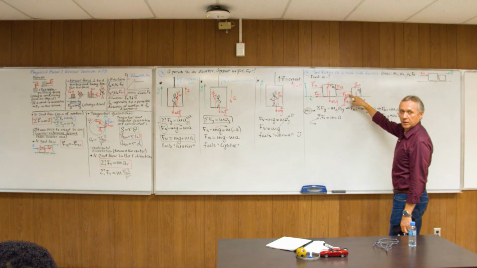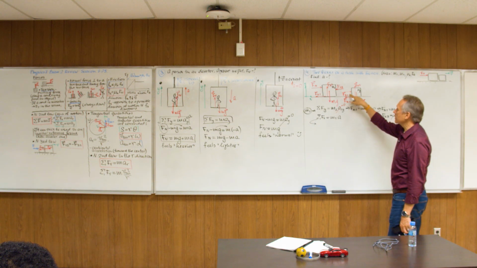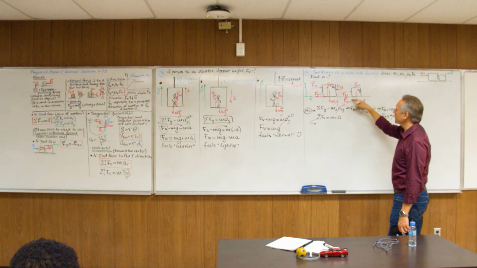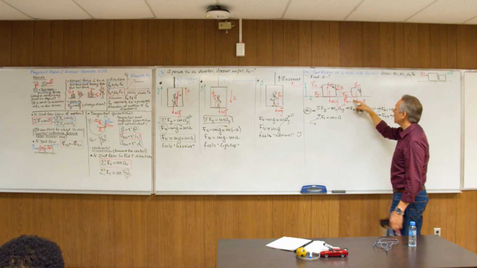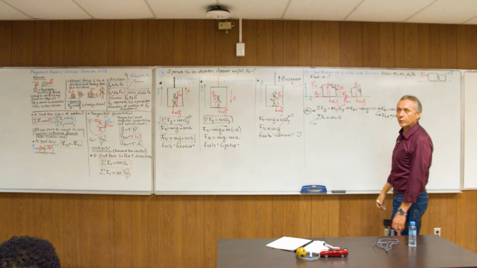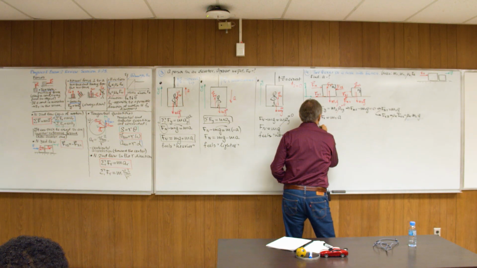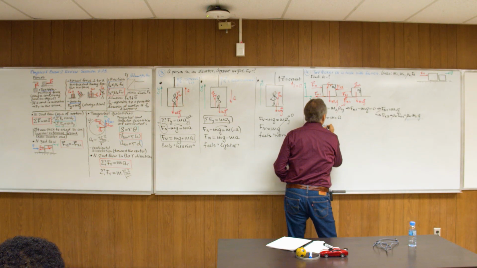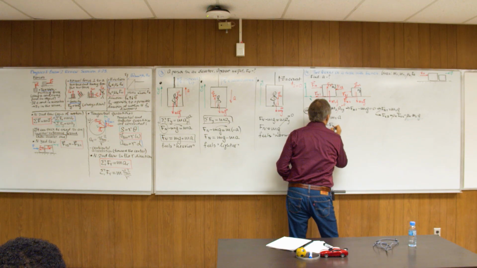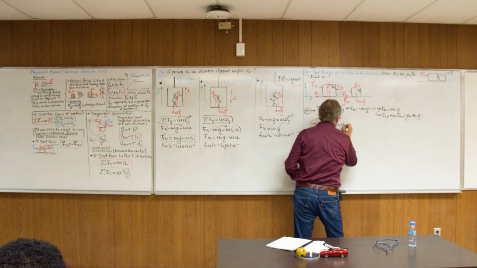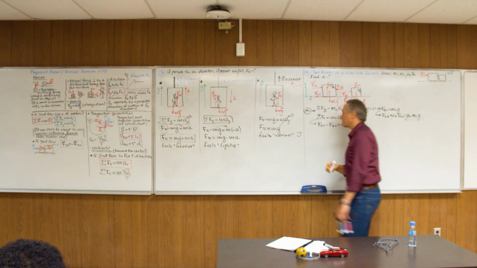F2 1 is in the positive x direction, so it goes into the equation with plus. Then kinetic friction, negative x direction, and that's it. Two forces. So F2 1 minus F kinetic 2 equals m2a.